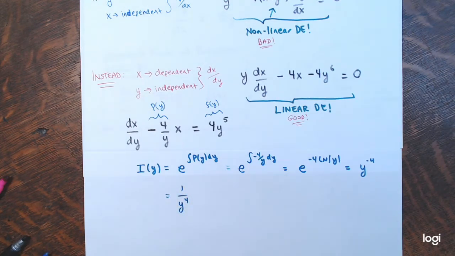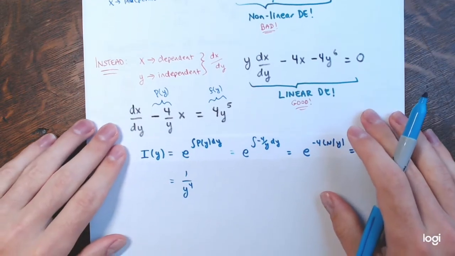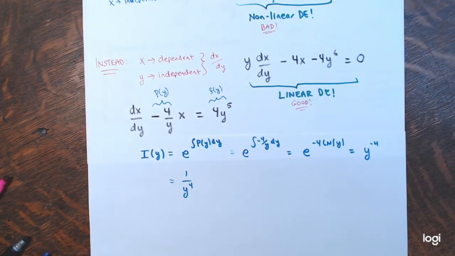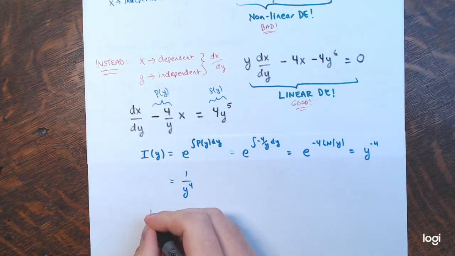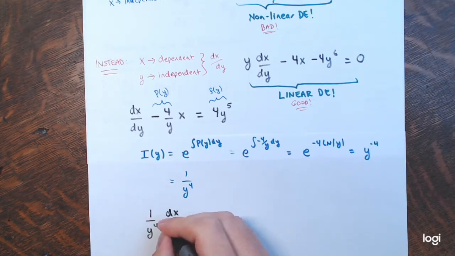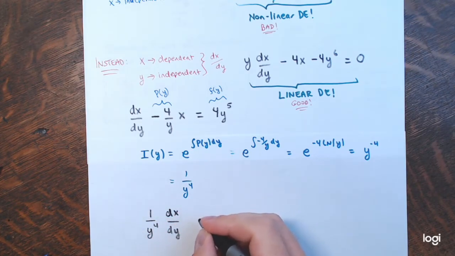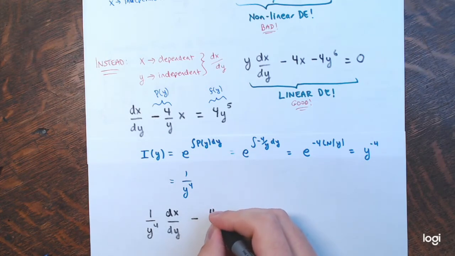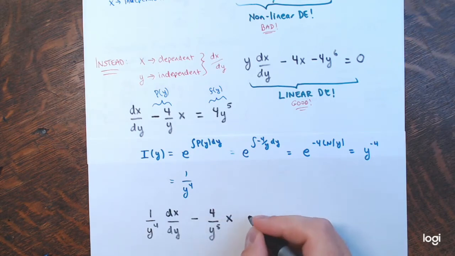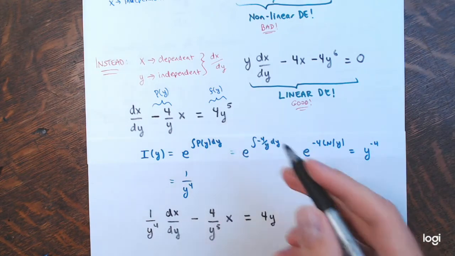All right, now multiply everything on both sides by this integrating factor, 1 over y to the 4th. In doing that, I'd have 1 over y to the 4th times the derivative of x with respect to y, minus 4 over y to the 5th times x equals 4y, multiplying everything by 1 over y to the 4th.